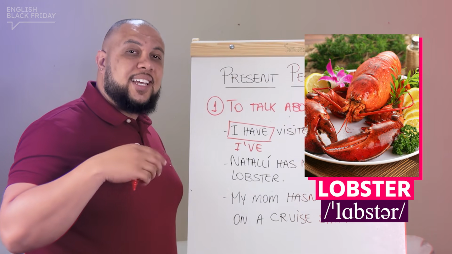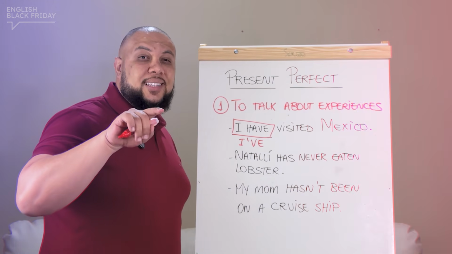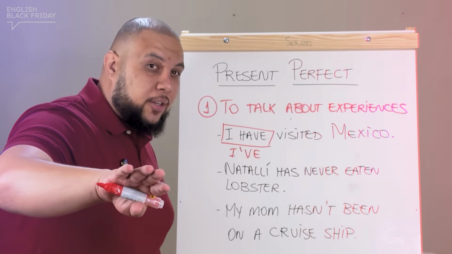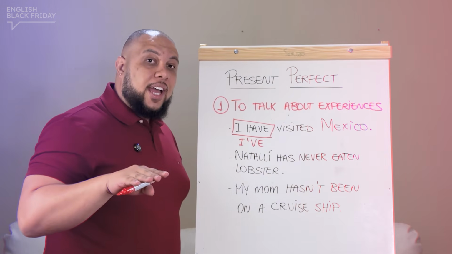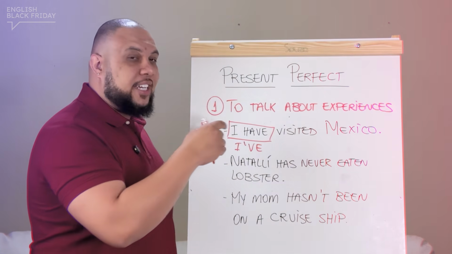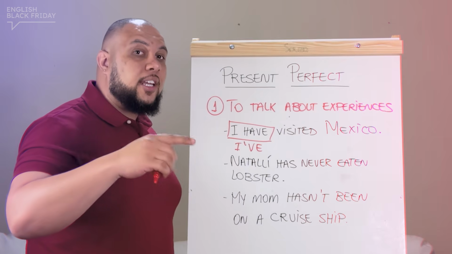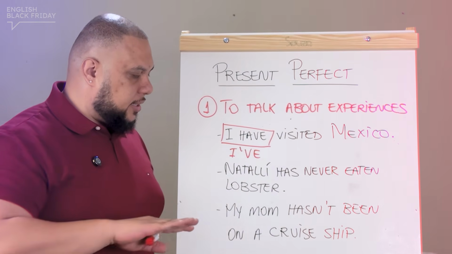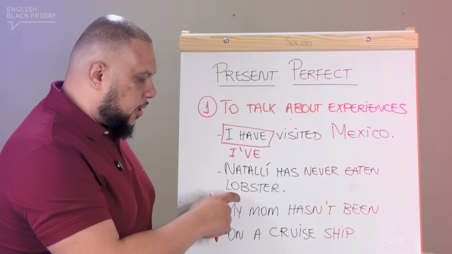Lobster is a seafood, and Natallí is allergic to some seafoods. So it's better not to try it, okay, babe? So she has never had this experience. So we use present perfect to talk about experiences that we had and experiences that we have never had.